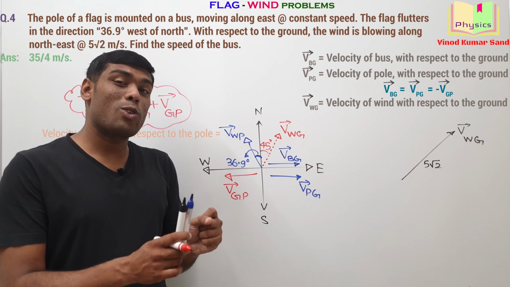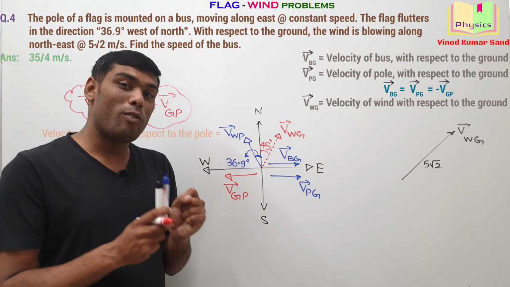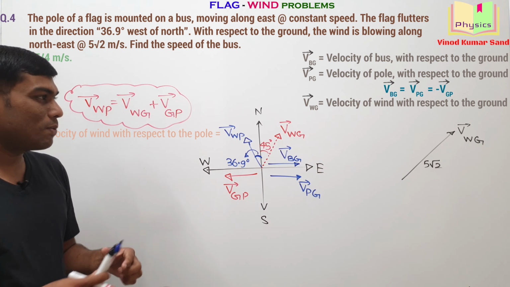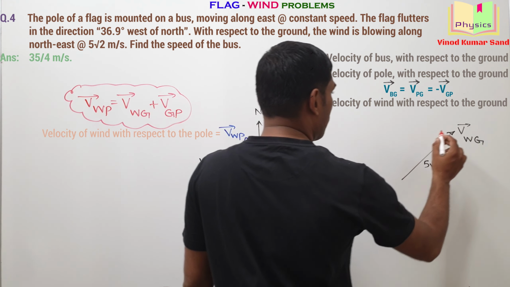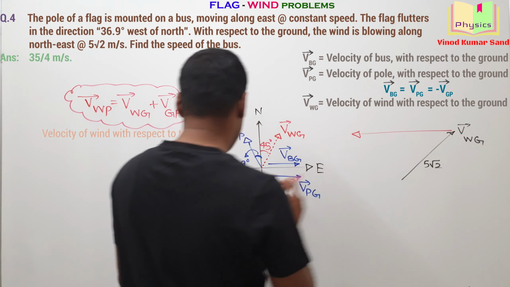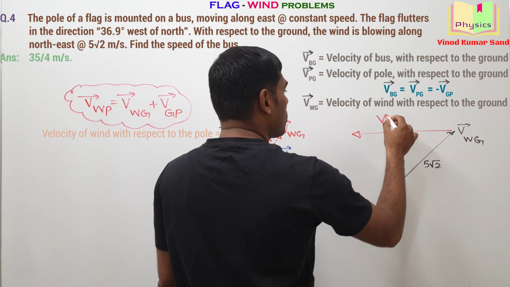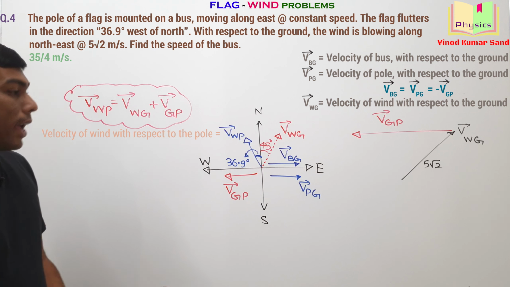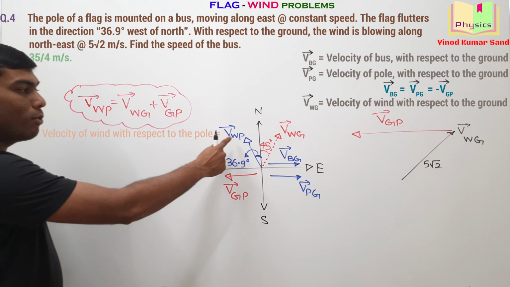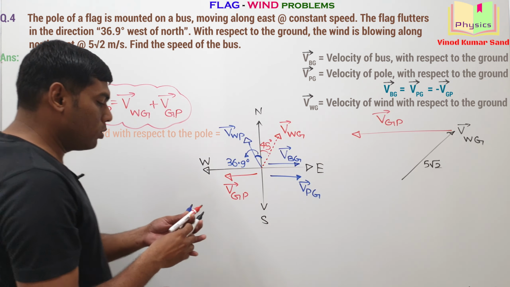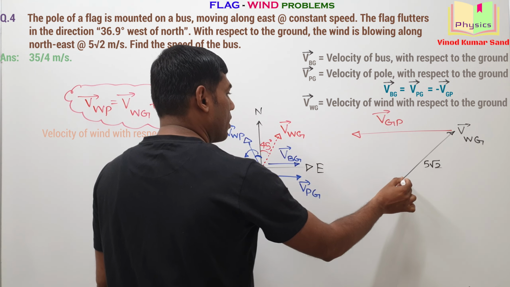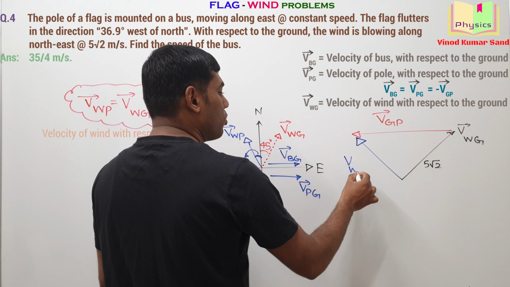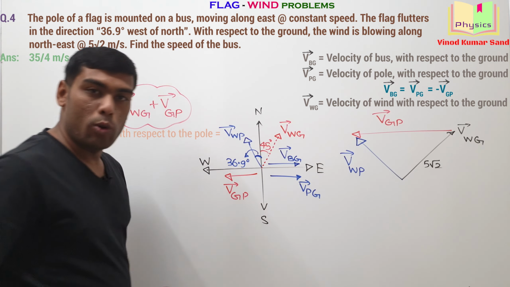So if some observer is sitting on the pole, for that observer, the ground will be moving along the west direction. So marking that vector also here, this I should call velocity of the ground with respect to the pole. And then we should mark the velocity of the wind with respect to the pole. This blue vector will be marked like this. Velocity of the wind with respect to the pole.